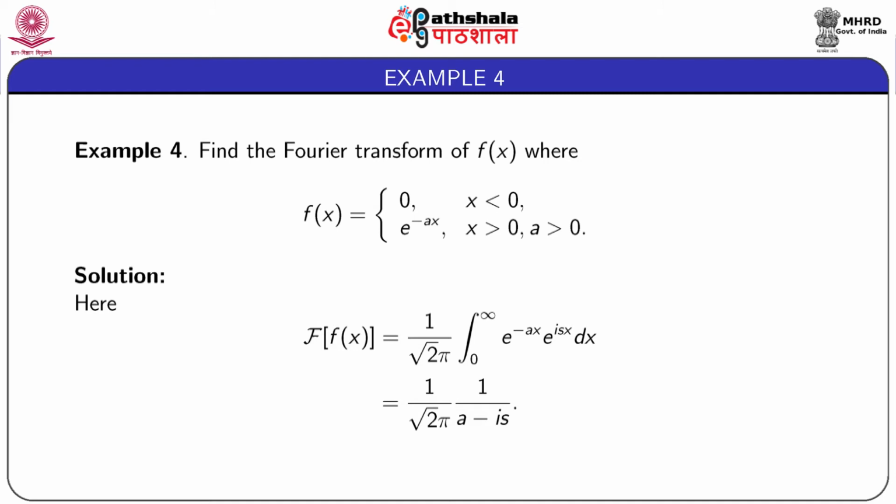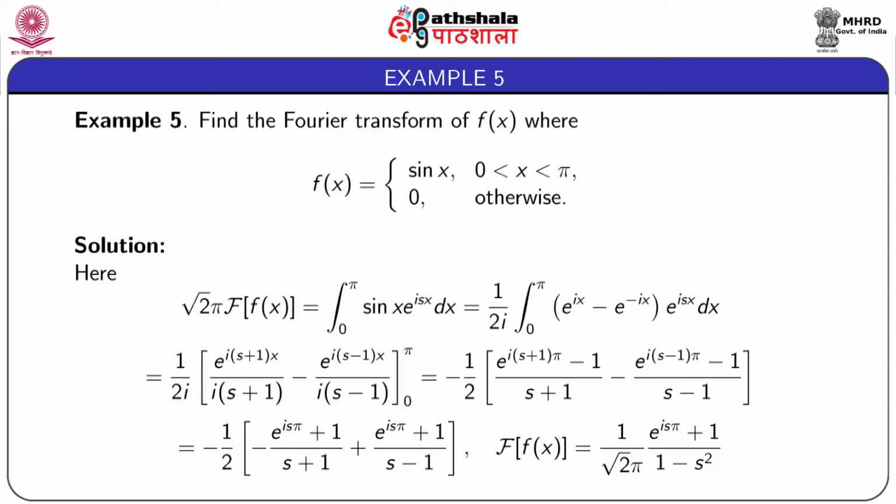Fourier transform of f x denoted by curl f of f x is equal to 1 by root over 2 pi integral 0 to infinity e to the power minus a x e to the power I s x dx. This integral can be evaluated. So, we get the Fourier transform of f x as 1 by root over 2 pi into 1 by a minus I s.